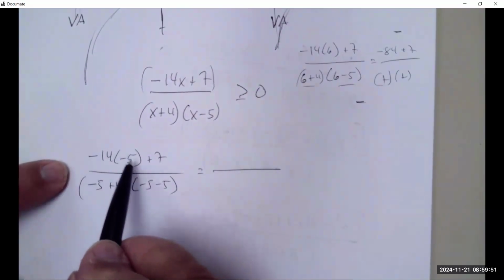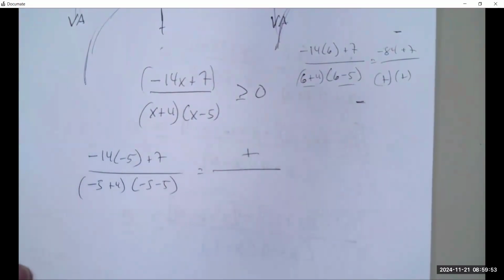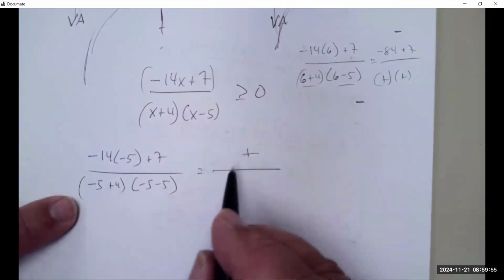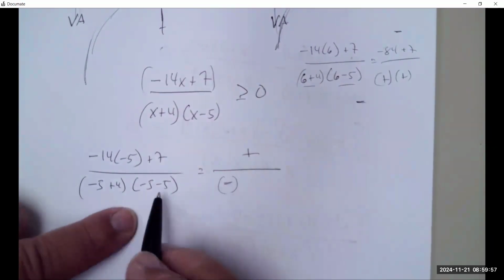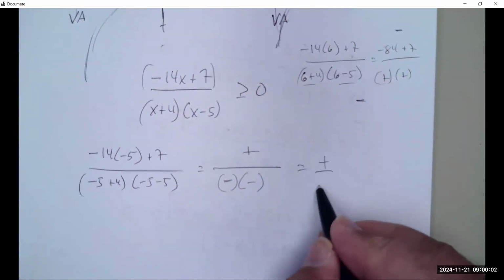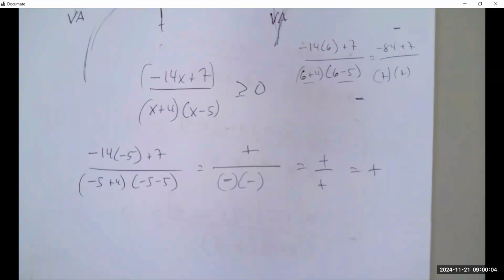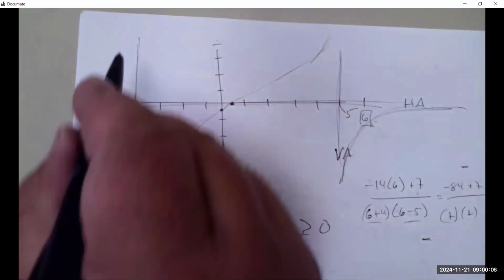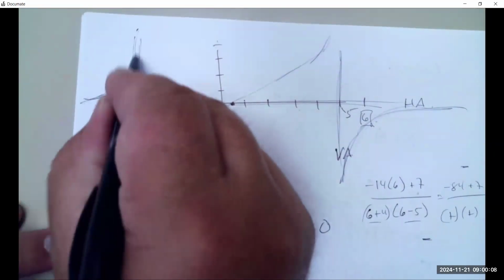Negative and negative is a positive, so the top is going to be positive. Negative 5 plus 4 is negative. Negative 5 minus 5 is negative. So it's positive over positive, so the answer is going to be positive. That means this part of the graph is up here.